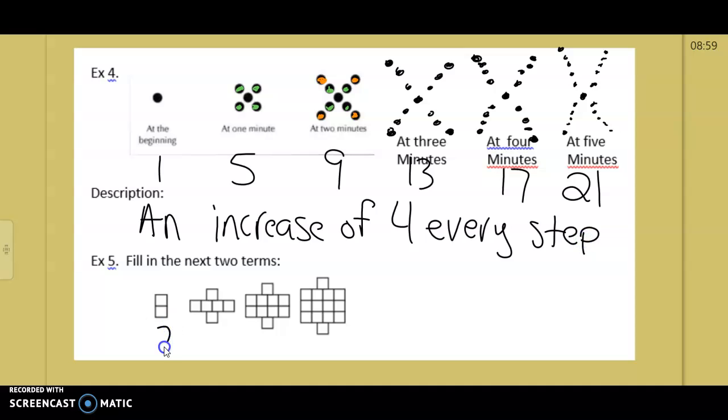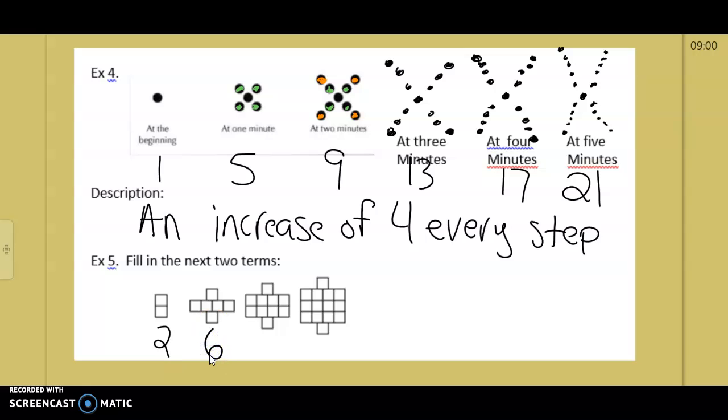We start with 2. How much did we add? Kylie? How many boxes total? Let Kylie do it. Well, we had 2 originally, and they added how many? They added 4. Good. Added 4 to get 6.